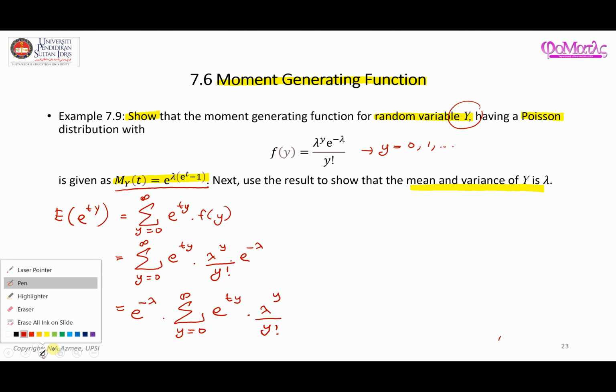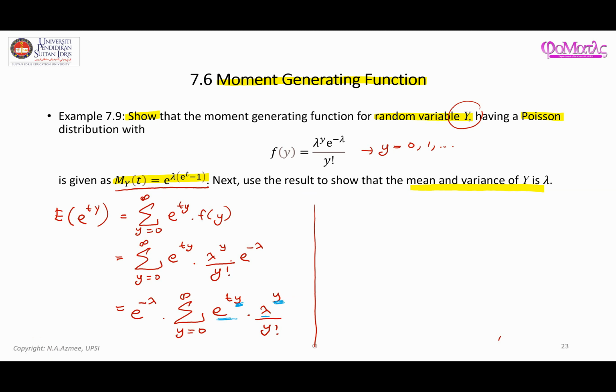Now notice that here we have y, and over here also we have the same y, the same value, where you can actually end up combining these two terms together. So that's what we're going to do next.